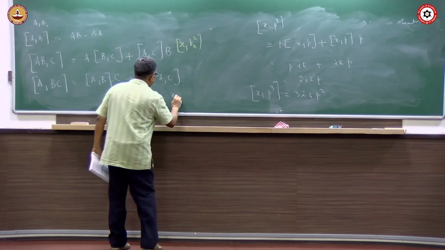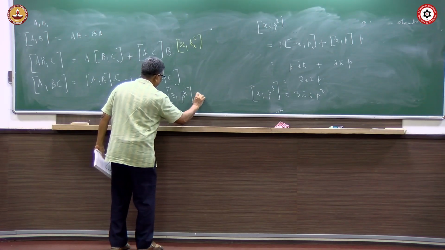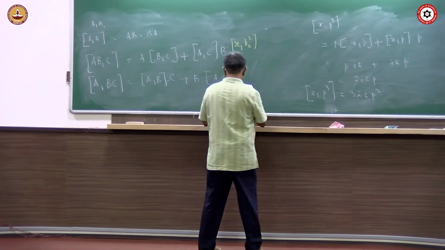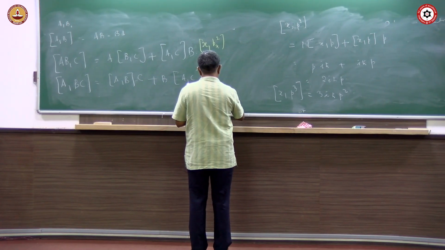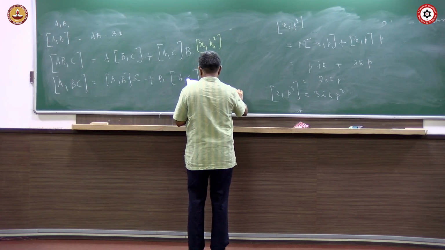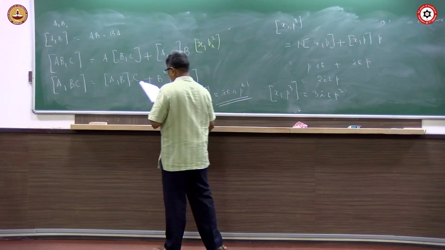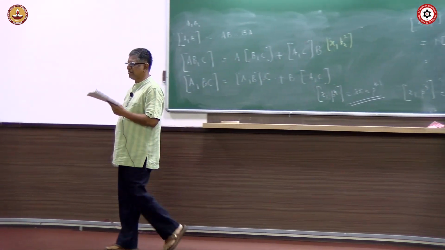So what is [x, pⁿ]? Yes, it is iħ n p^(n−1). So you can generalize.